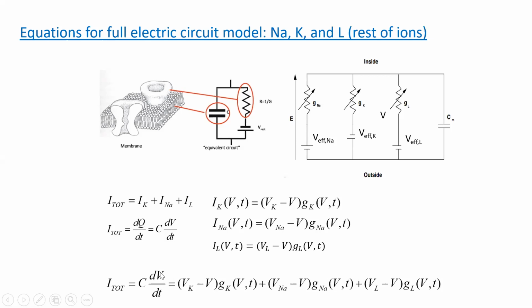That's our main variable that we're trying to solve for. What we're missing here is the expressions for how the conductances depend on the membrane potential. We know they depend in principle, but we don't have any mathematical form for that. And that's where the Hodgkin-Huxley model is going to come in our following class.